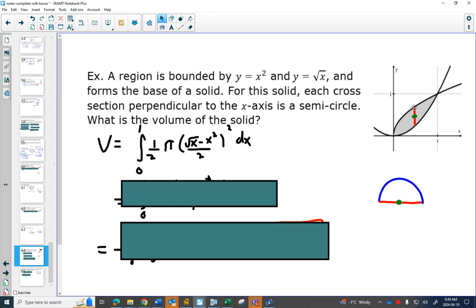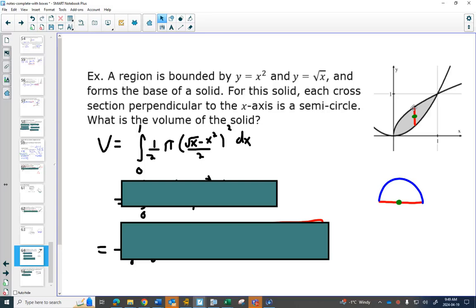Can you imagine slicing that, pulling that one slice out, turning it sideways and putting it here? That green dot is the same as that green dot. That red line is the same as that red line. But now I can see the semicircle coming out of the paper. That semicircle would come out towards you.